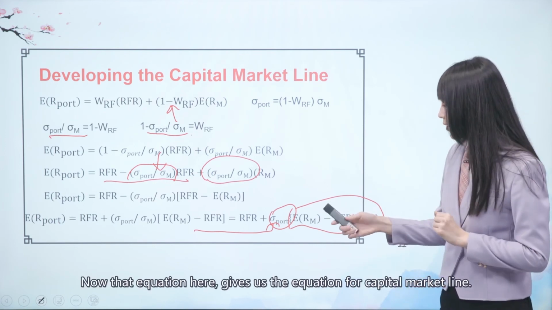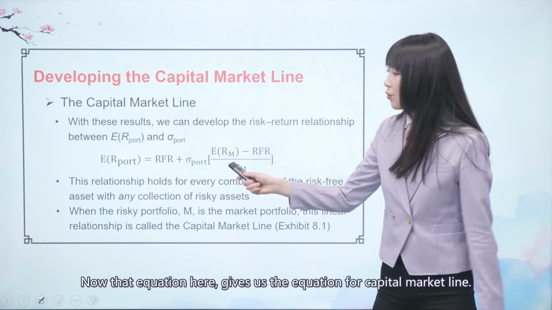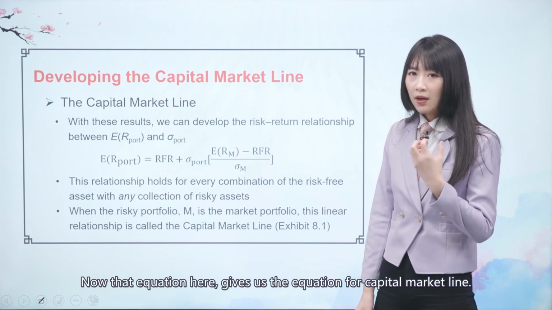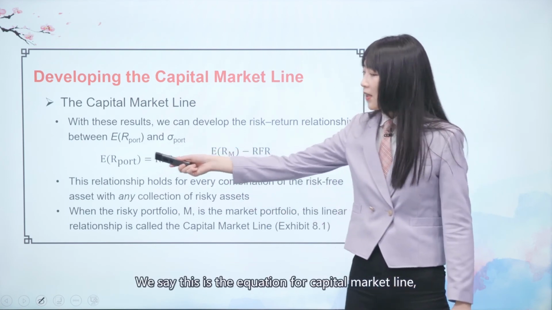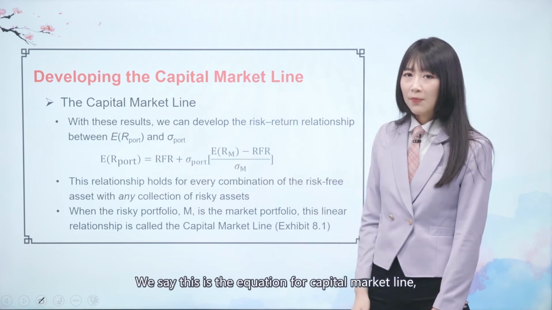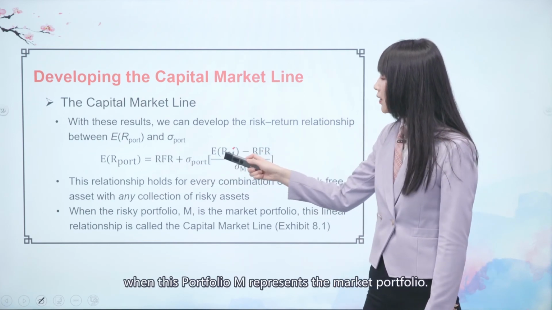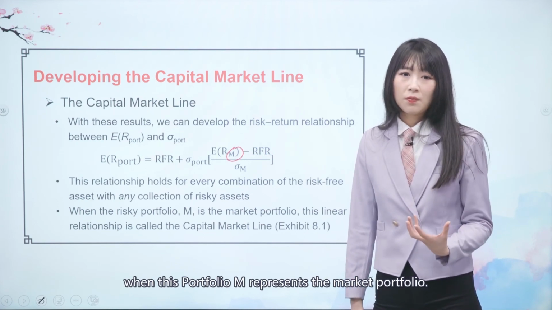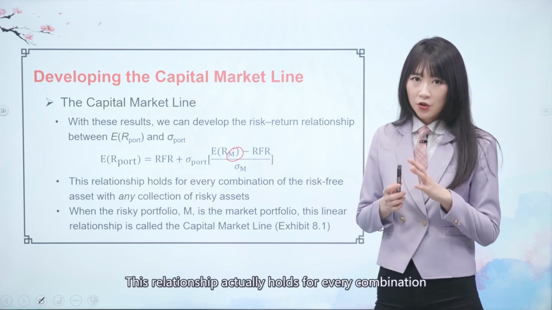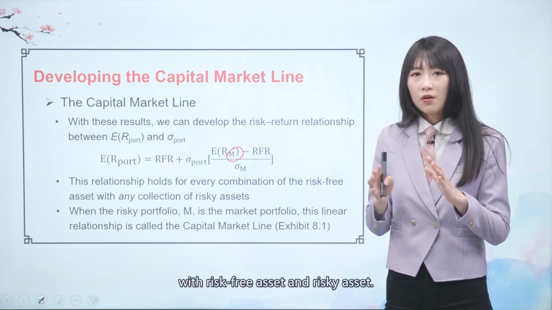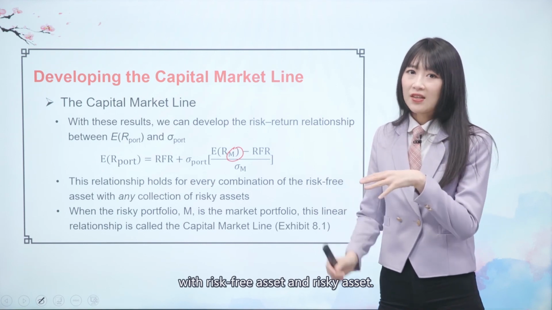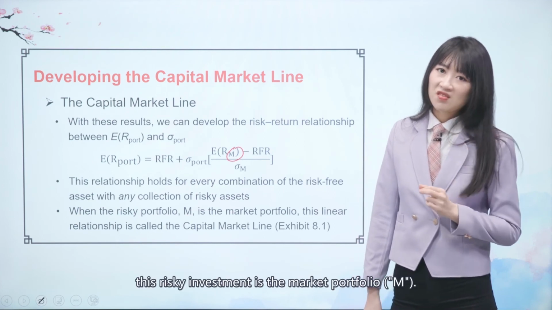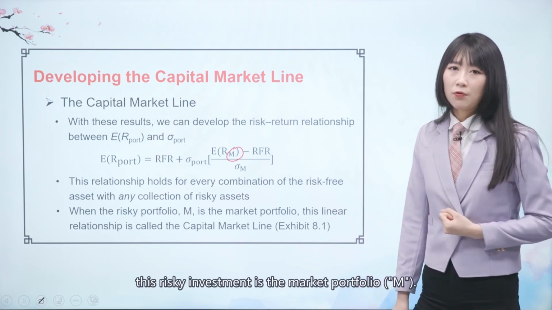Now, that equation here gives us the equation for the capital market line. We say this is the equation for the capital market line when this portfolio M represents the market portfolio. This relationship actually holds for every combination of a risk-free asset and a risky asset. But one particular form is when we say that this risky investment is the market portfolio.